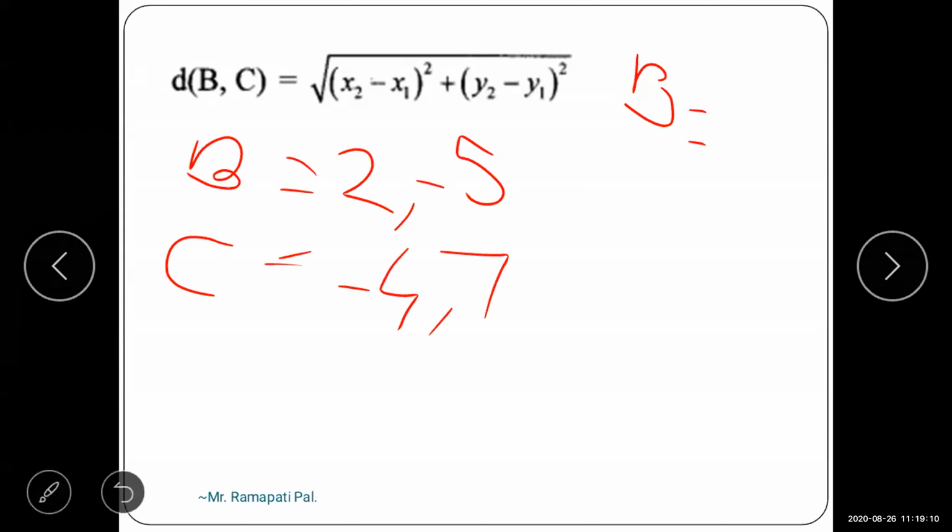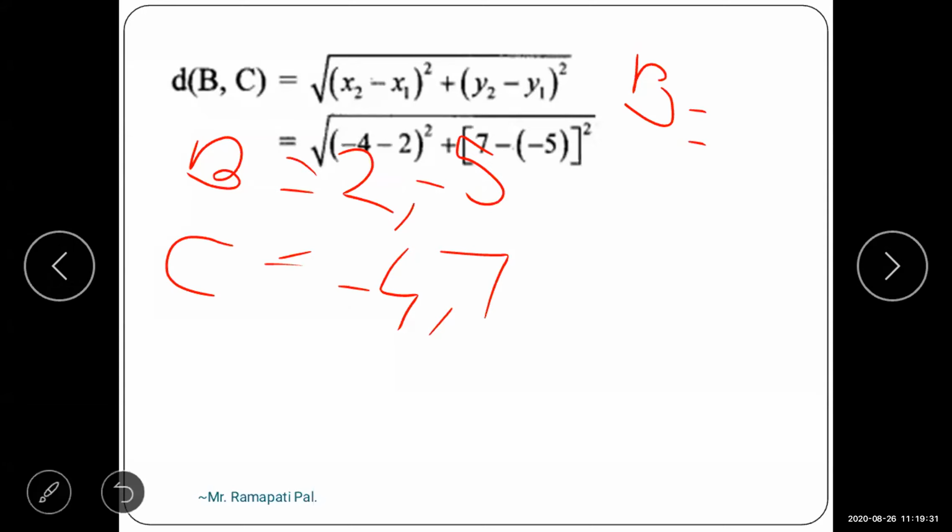Now we are going to use the distance formula. Distance BC is equal to under root x2 minus x1 whole square plus y2 minus y1 whole square, so root of minus 4 minus 2 whole square plus 7 minus 5 whole square. Is it clear?